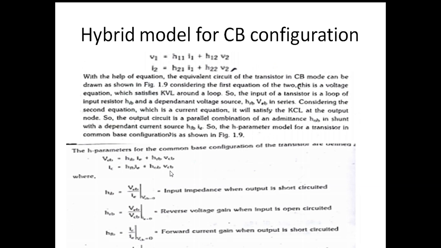Okay, the first equation: VEB, or simply VE, is equal to HIB IE plus HRB VCB.